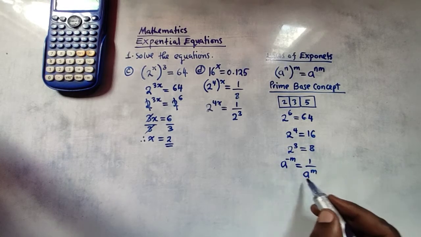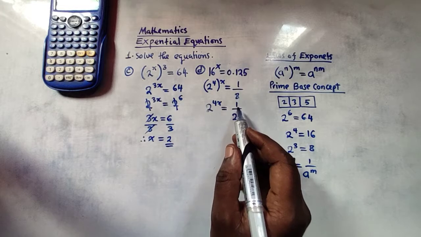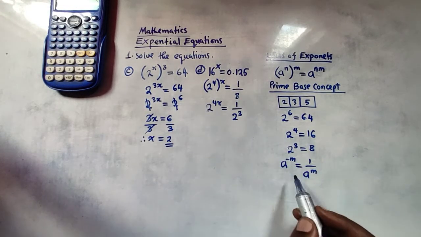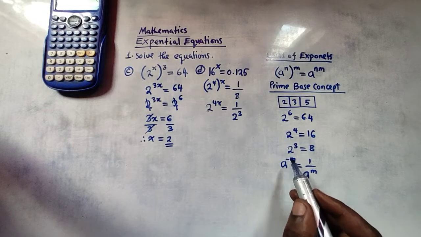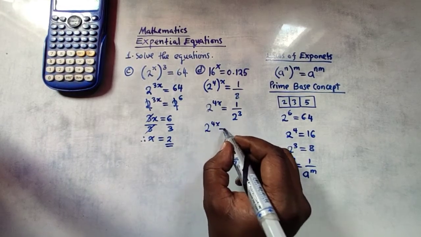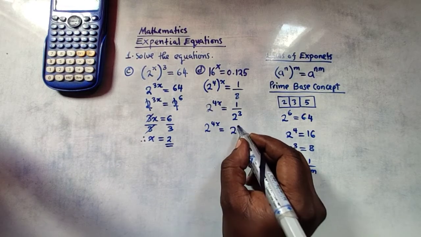So 1 over 2^3 can be expressed as 2 to the power negative 3. So this becomes 2^(4x) equal to 2^(-3).